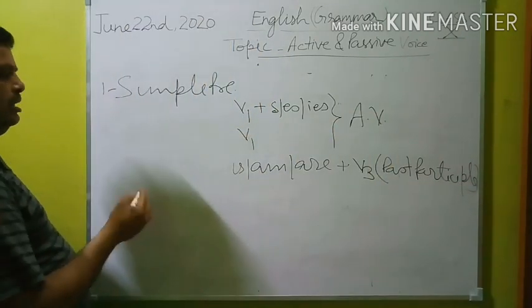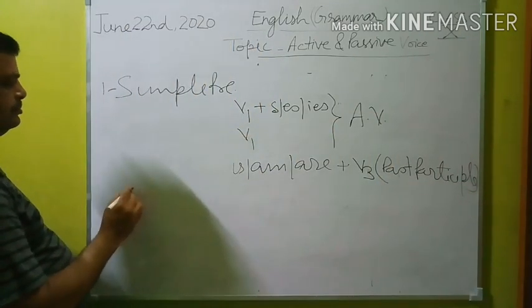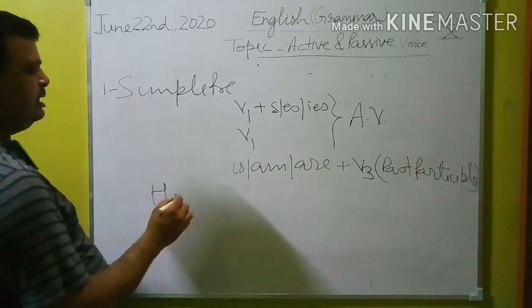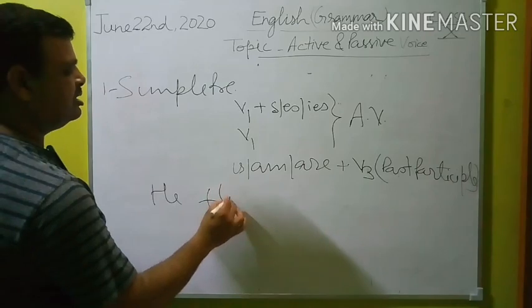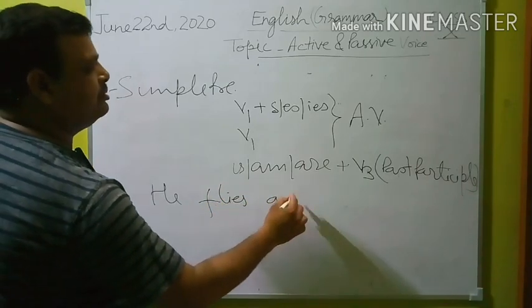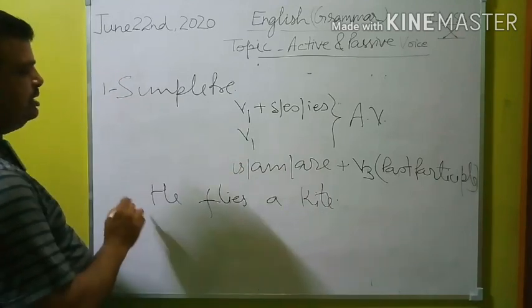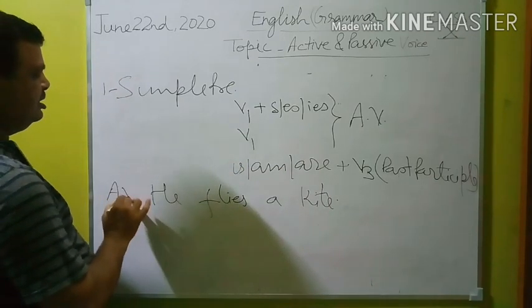For example, I write here one sentence. He flies a kite. He flies a kite. This sentence is in active voice.